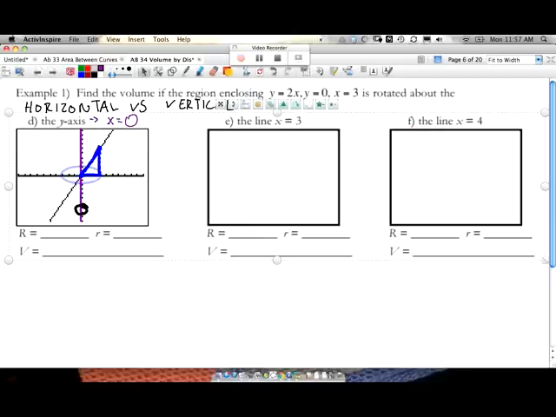Now, remember that our big R, we'll call that in blue, is going to be the axis of rotation minus the outside edge, or the outer edge. Now, if we're trying to do the axis of rotation minus the outer edge, something drastically changes with this. Now we're measuring a horizontal distance here, not a vertical distance, which means that all of our equations here need to be in terms of x.